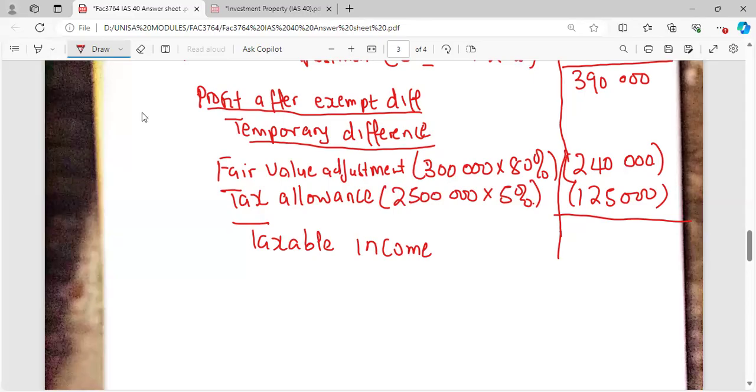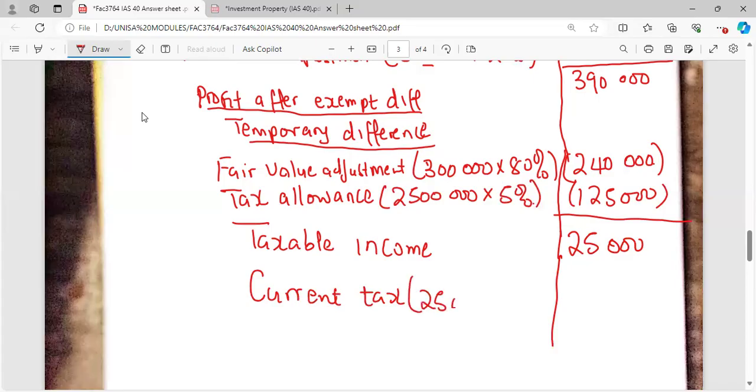So it's going to be 25,000. So our current tax is going to be 25,000 times, remember now it's 27%.